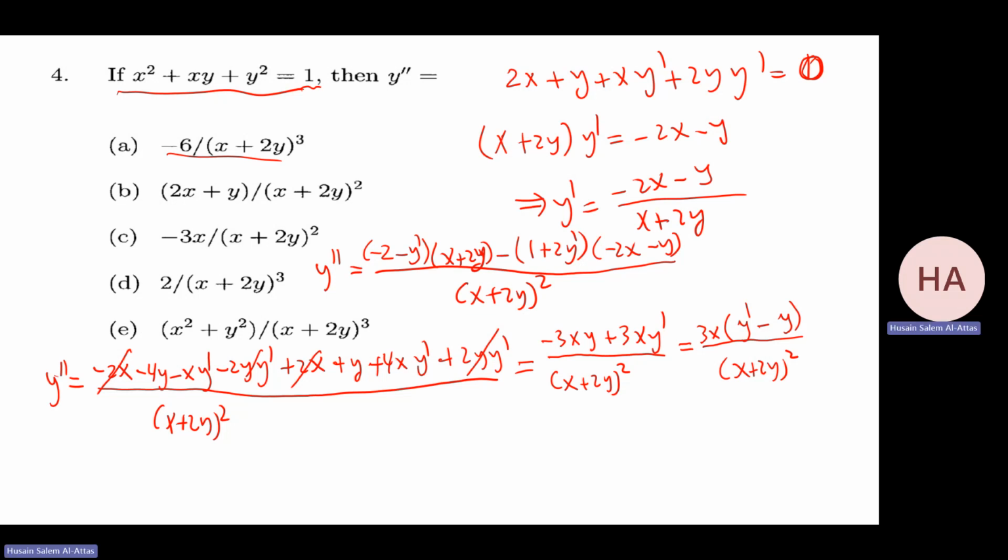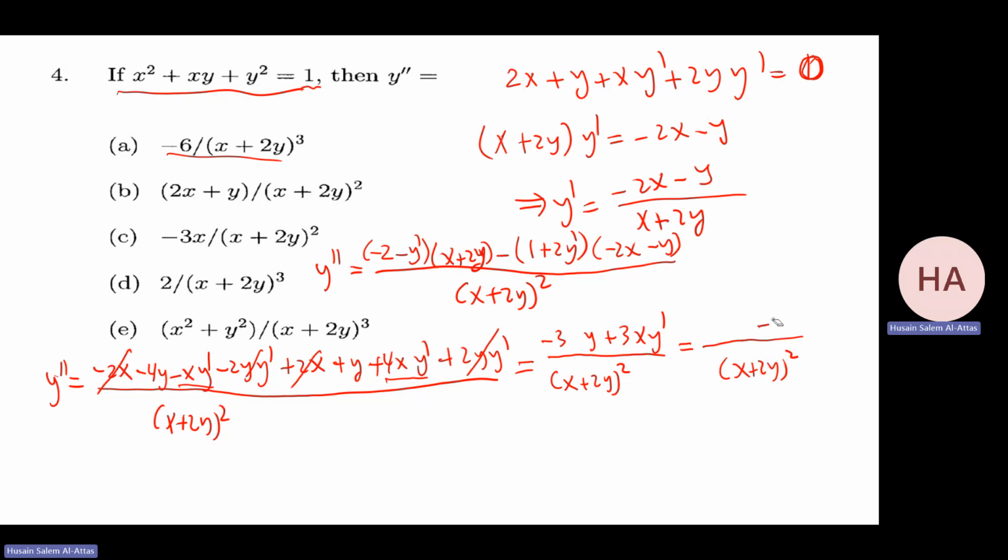Okay. So I took 3x. I have y prime minus y. For xy prime, minus xy prime, this is 3xy prime. And for y plus y, this is minus 3y, not x. Sorry, this is not x.